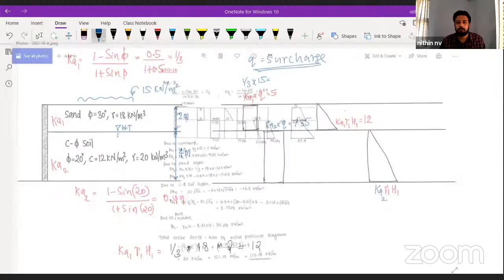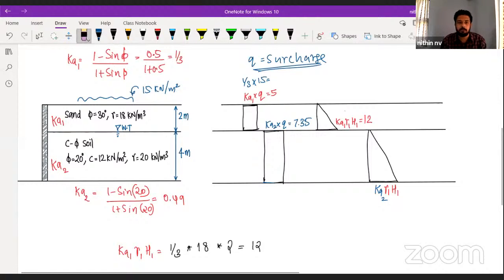Clear? Okay. So here, sorry, it will not be like this. It is the effect of the second layer, no? Like this. Okay, properly check it. Throughout it will be the same because it is the effect of the upper layer. It does not keep on varying. It will be a triangle portion only if H is varying. Here H is not varying.